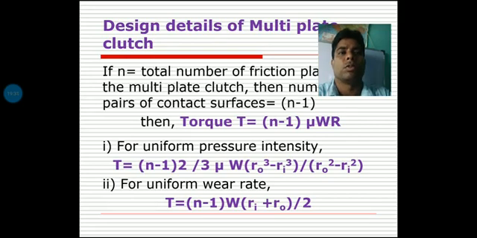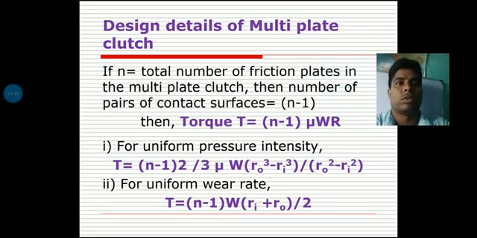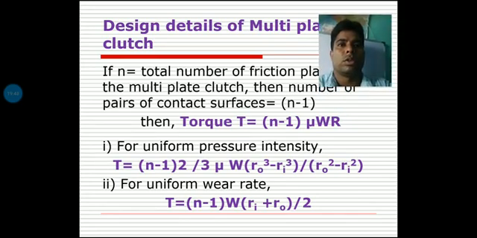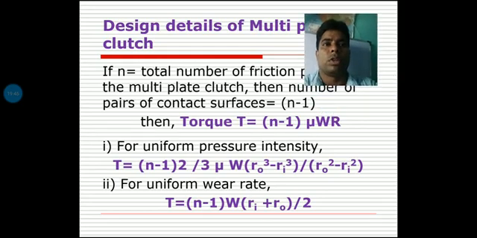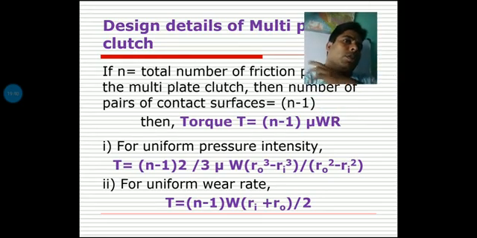Now, as I told you a few seconds ago, these are the design details of a multiple clutch. That means a total of n friction plates are there.